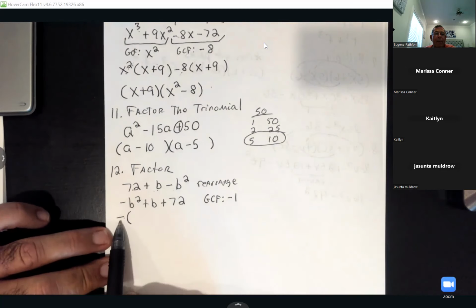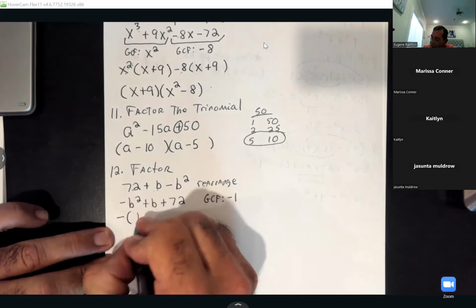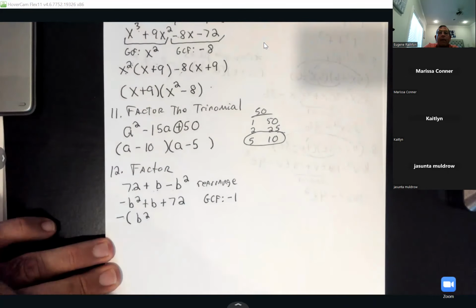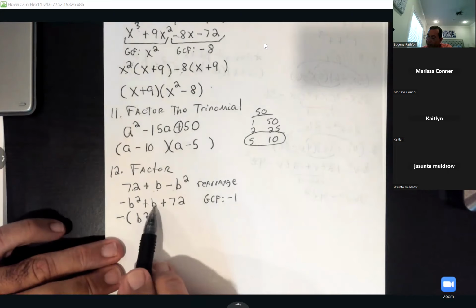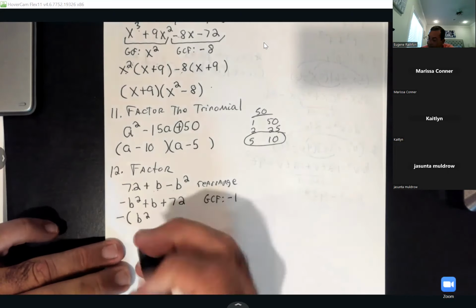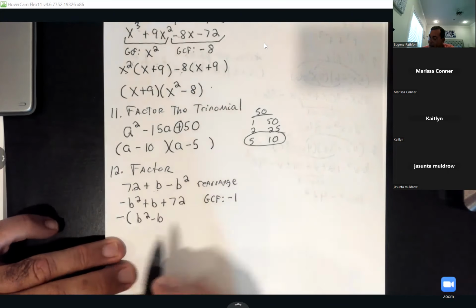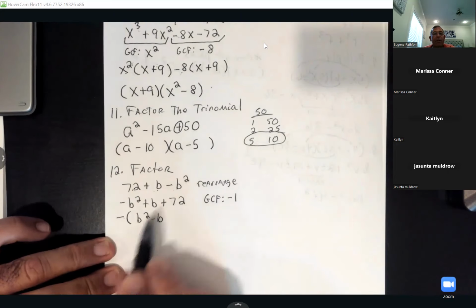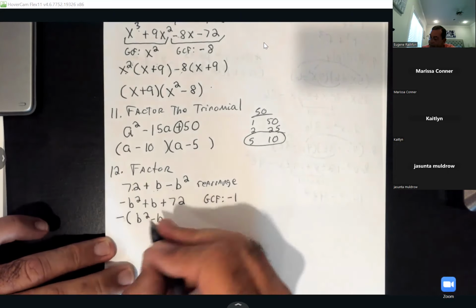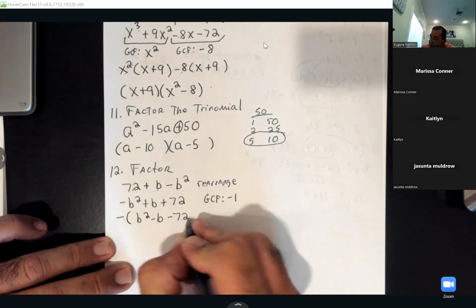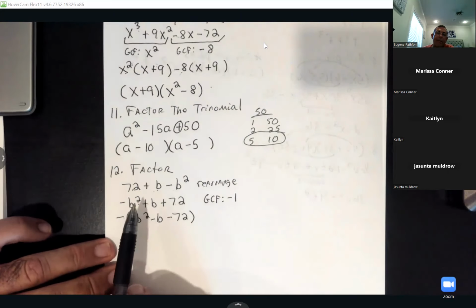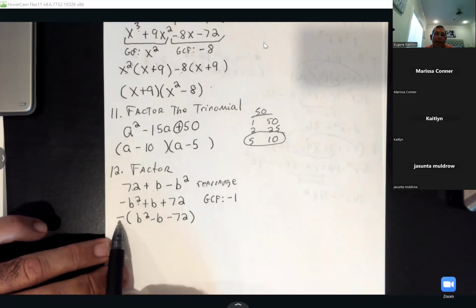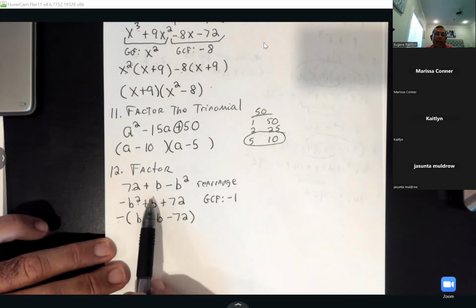So a negative divided by negative makes that a b squared. A positive divided by negative makes that a negative b. And then a positive 72 divided by that negative makes that a negative 72. So if your b squared term is negative, factor out the negative, and notice it changed everybody's sign inside the parentheses.